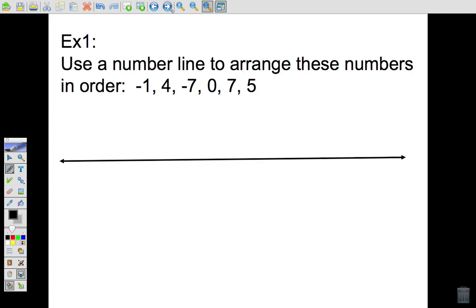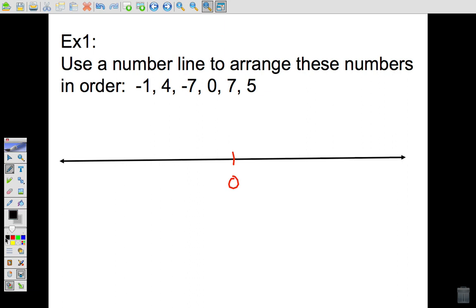Let's take a look at example 1. Use a number line to arrange these numbers in order. Because they are asking us to use a number line to arrange those, I have to fill in my numbers. I'm going to put 0 in the middle, and then fill in the other numbers. Then I'm going to put a dot above the ones that they're talking about.